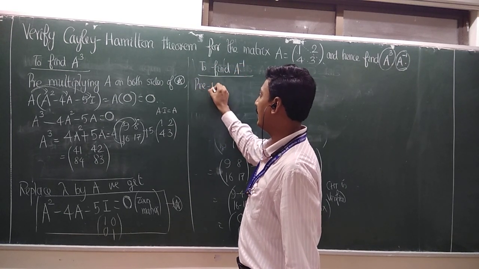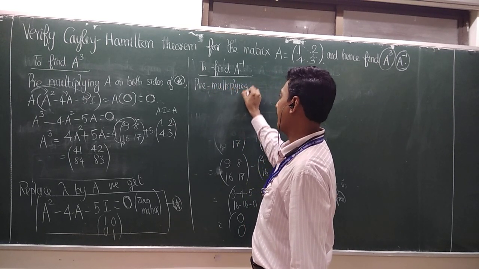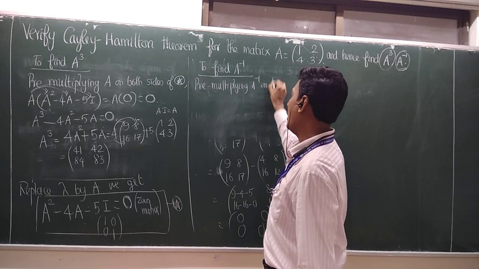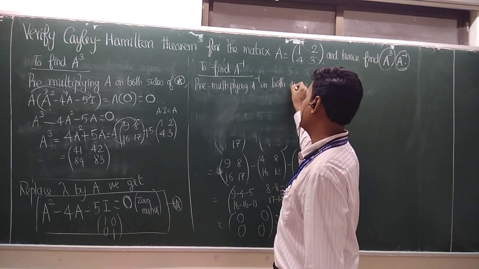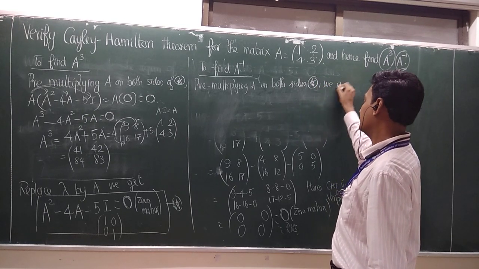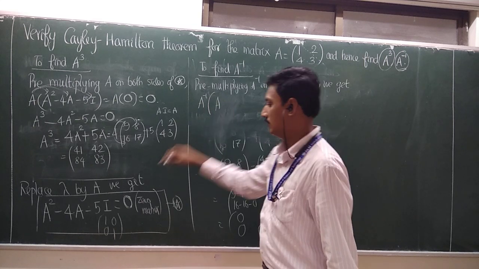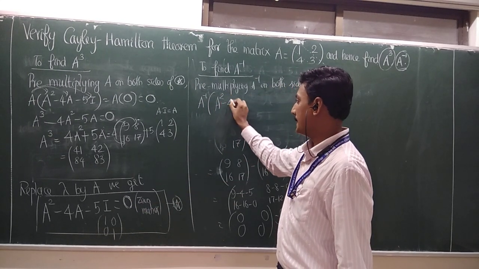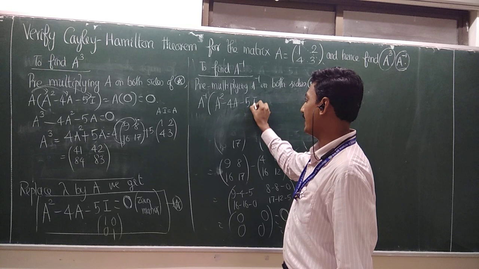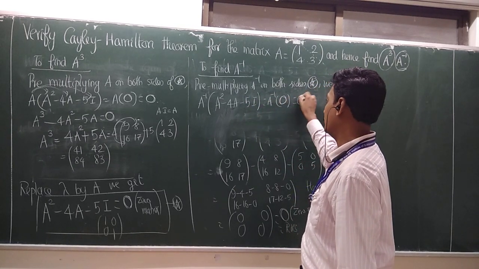So to find A power minus 1, once again pre-multiplying A inverse on both sides of the star equation, which is already on the blackboard: A squared minus 4A minus 5I equals A inverse into the 0 matrix, which is the 0 matrix.